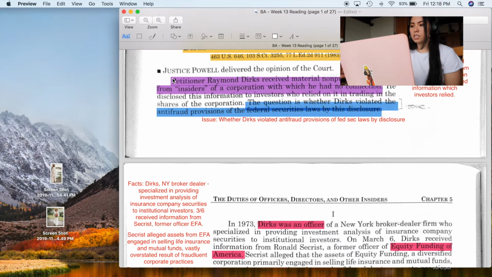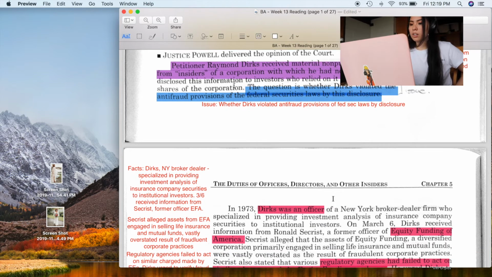Obviously this is the cause of action that the petitioner is suing for. Then blue is the issue. Normally they're all pretty straightforward. Here, the issue or the question of the case is whether Dirks violated anti-fraud provisions of the federal securities laws by this disclosure.